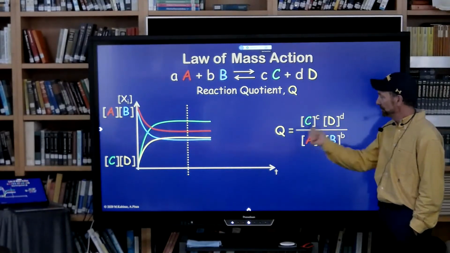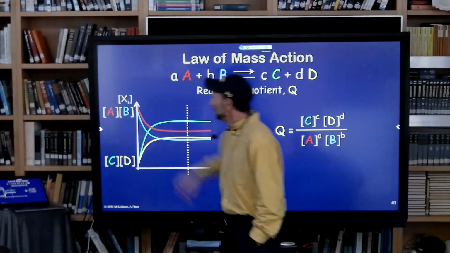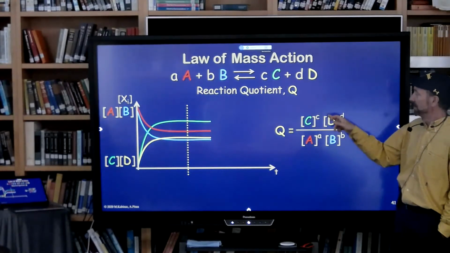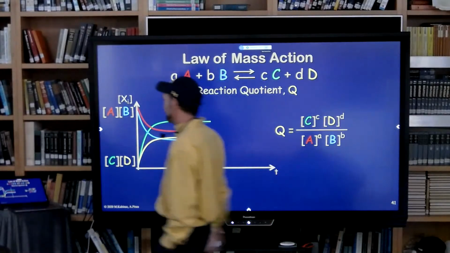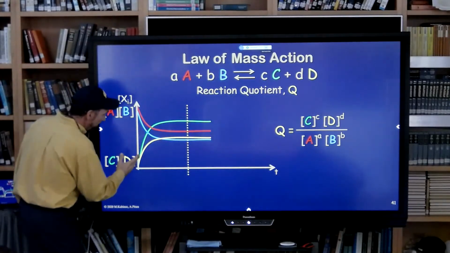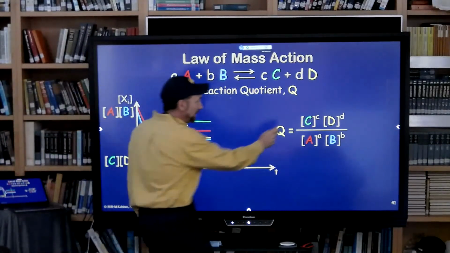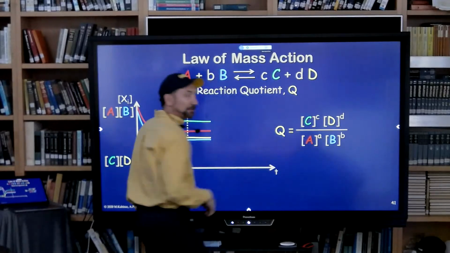Well, initially Q is kind of interesting. When I started out with all the reactants and no products, I had 0 here and a number here. So that's defined as 0. And then the reaction proceeds, C and D increase, so Q is changing through this whole process.